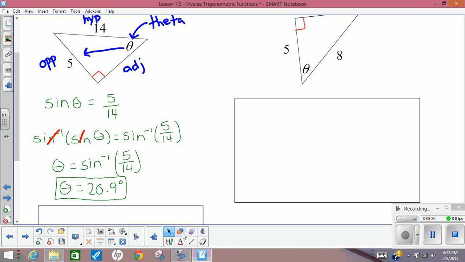So this angle over here, theta, is 20.9 degrees. And of course, if we wanted to, we could go ahead and find this other angle. Since we know this one's 90, this is 20.9, this one should be 69.1.